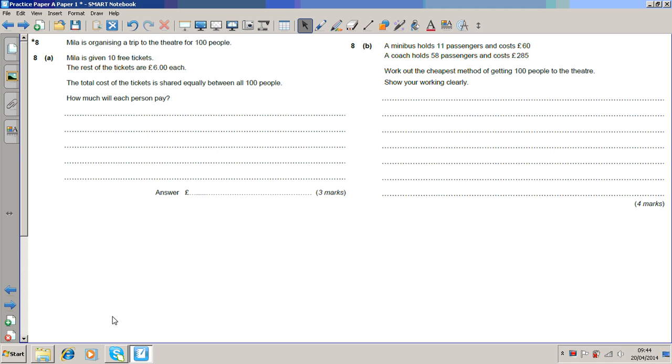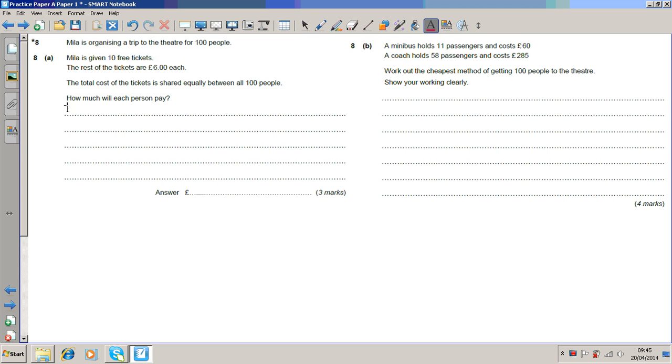Number 8. Miller is organising a trip to the theatre for 100 people. Miller is given 10 free tickets. The rest of the tickets are £6 each. Total cost of the tickets is shared equally between all 100 people. How much will the person pay?